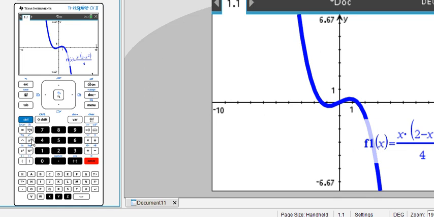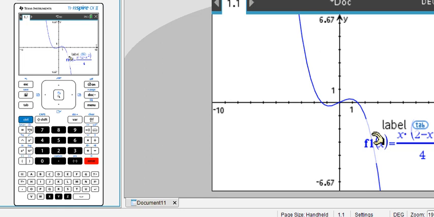Not super helpful the way that we've drawn it. If we're looking for volume, our y represents volume. I only care about volume that's positive. I only care about side lengths that are positive. So I'm going to look at my positive x-axis and my positive y-axis, and I'm going to adjust these settings so that I'm only looking at the positive x-axis.